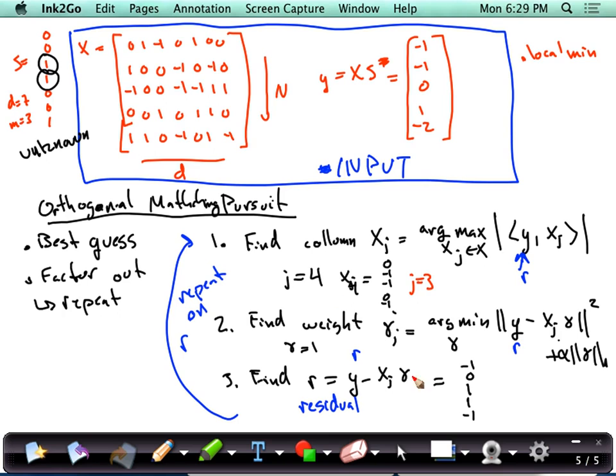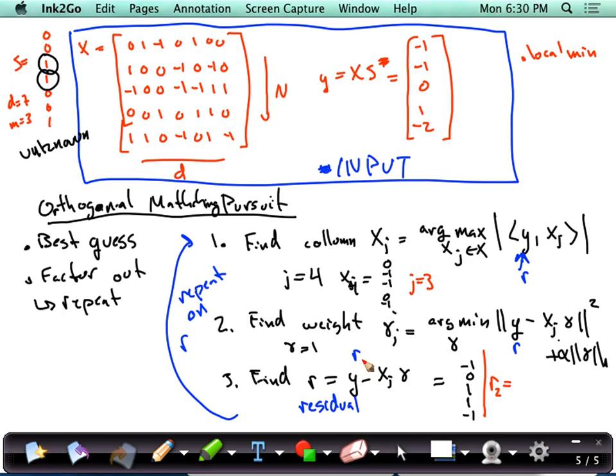We factored out as good as we could, and that's because we chose the best explanation. But on average, when you get more data, most of the stuff is going to cancel out, and so you'll get one column that stands out. Okay, so now we'll set the value to 1, and we'll subtract out to get a residual. We'll call this the residual after step 2, and it'll be this minus column 3 times 1.